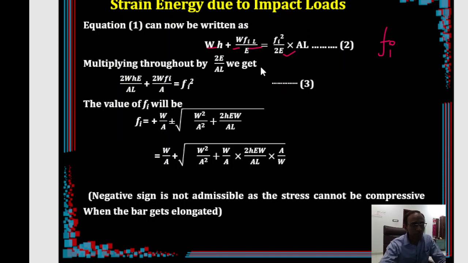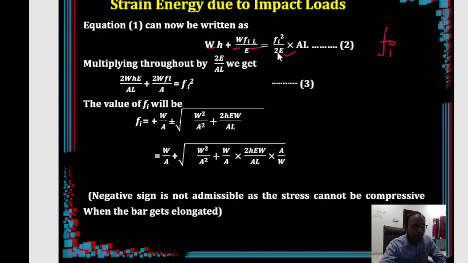For such an equation, the solution comes by taking minus b plus or minus root over b square minus 4ac, over 2a. That was the solution. Now we will rearrange the terms of this equation to get the quadratic expression.